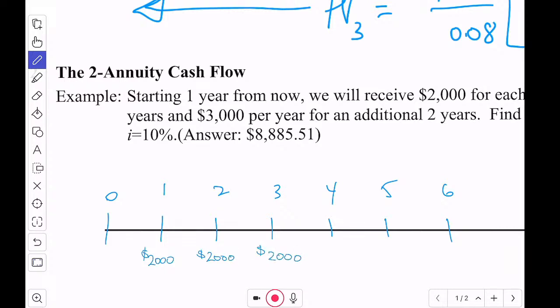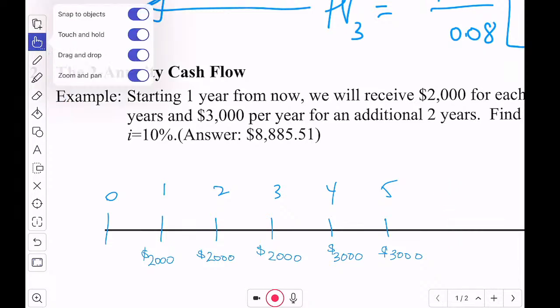And then $3,000 for 2 more. And I can erase this last year. And my timeline.